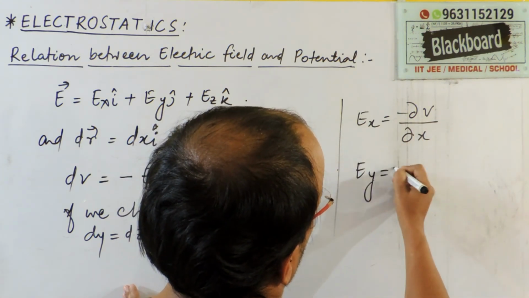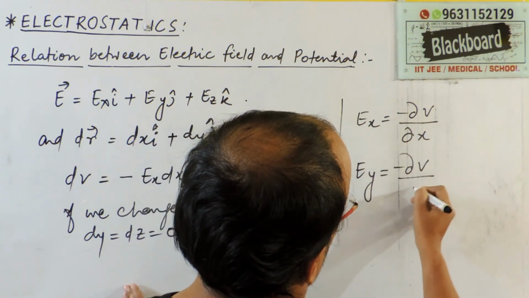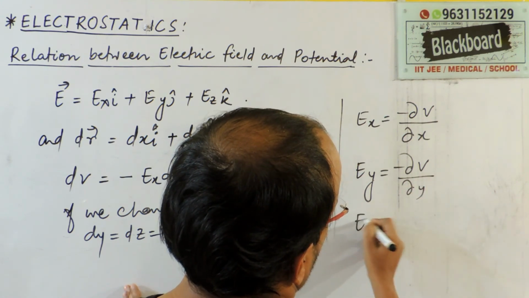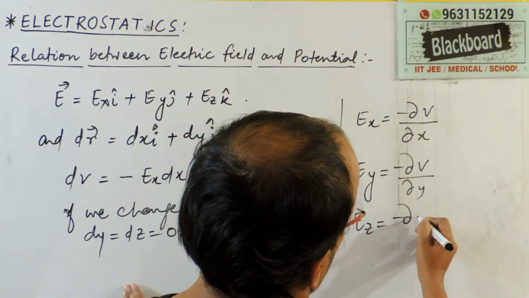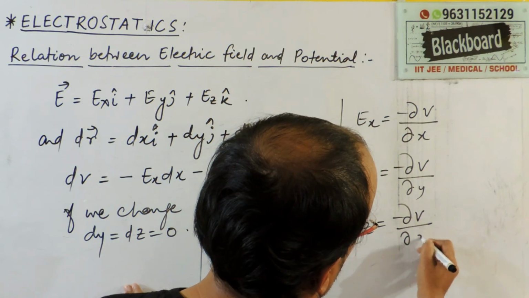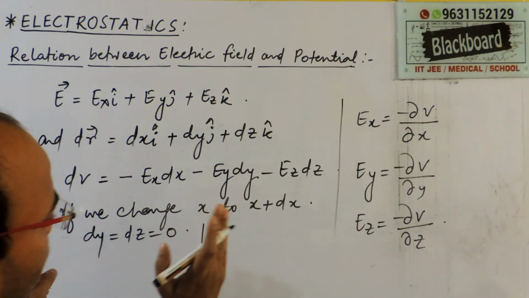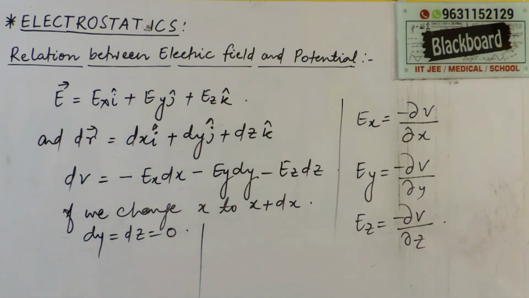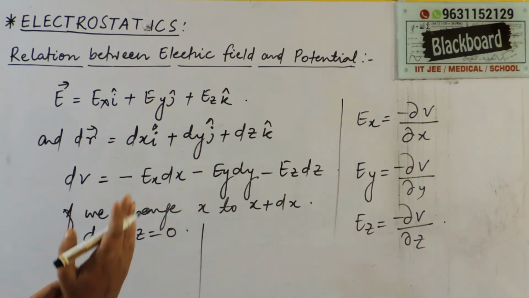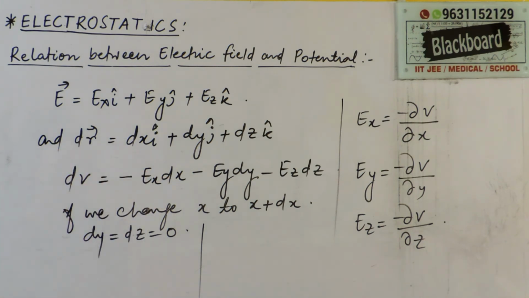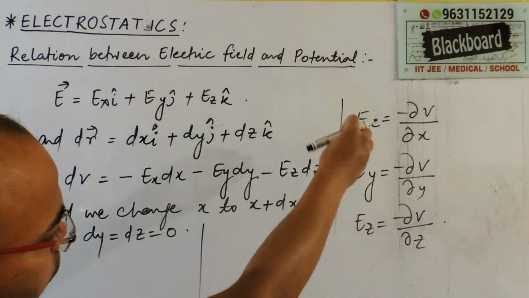Similarly Ey is equal to negative of del V del y. Next Ez is equal to negative of del V del z. This is your expression, and for this you have to use partial differentiation. What is partial differentiation? We have already discussed this in your differentiation chapter. You can look at it and we can proceed.